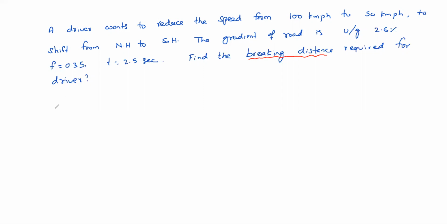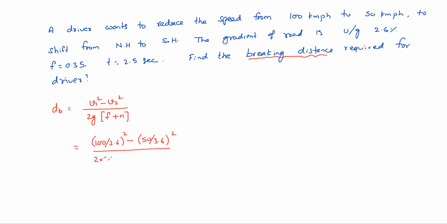So the braking distance formula: dB equal to, here, reduction of speed only, that means V1 square minus V2 square by 2g(F plus N), since it is an upgradient. Which equals V1 square, 100 by 3.6 square, minus V2 square, 50 by 3.6 square, divided by 2 into 9.81 into (F 0.35 plus N). 2.6% means 0.026.